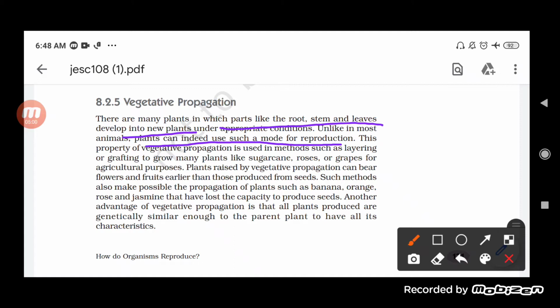But here, instead of using that, we use a stem, a root, or leaves. If with the help of these parts we obtain a new plant, then such a method we call vegetative propagation. So it is an asexual method by which a new plant is generated.